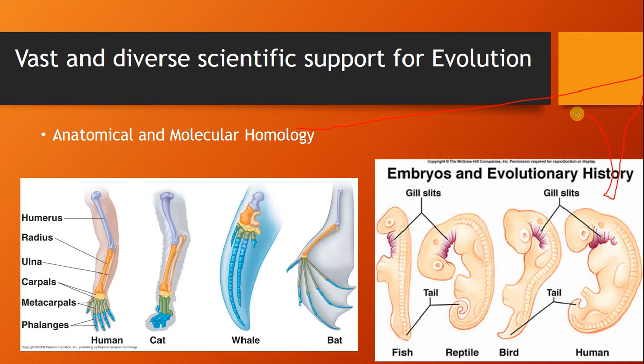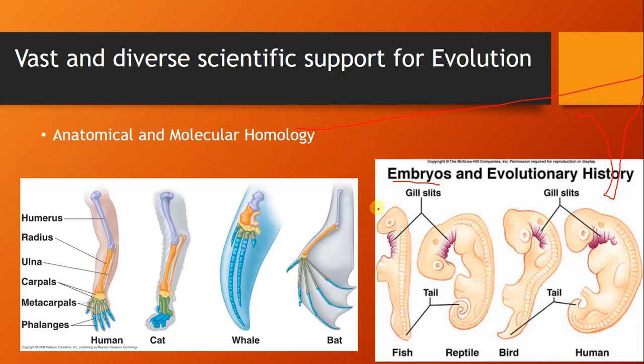And developmental or embryological similarities. Fish and reptiles and birds and humans in early development all develop gill slits where gills would be. In humans and birds, those gill slits turn into the larynx and parts of the upper respiratory system. But in fish and some reptiles, like amphibians, they remain.